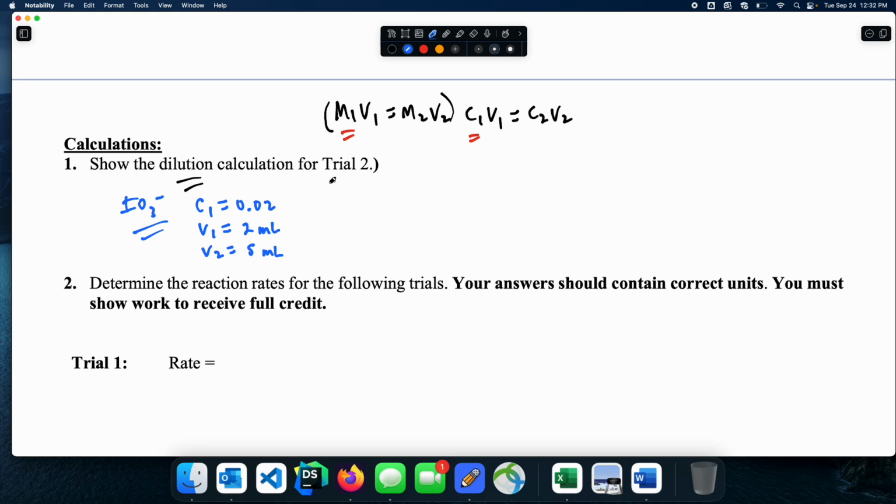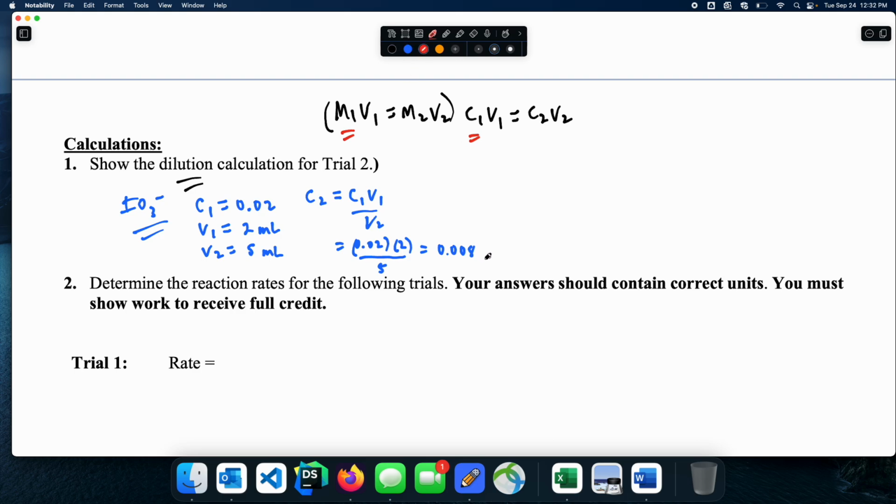And so C2, my final concentration, is going to equal, I'm just taking this equation and rearranging it, C1V1 over V2, which is equal to 0.02 times V1, which is 2 mils, over 5 mils. So this is 0.008. All right, that was for my iodate.